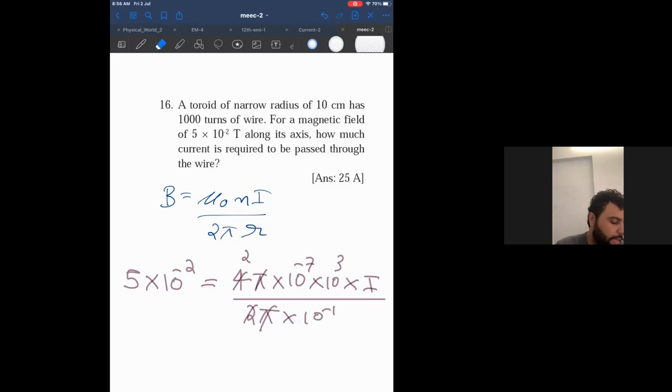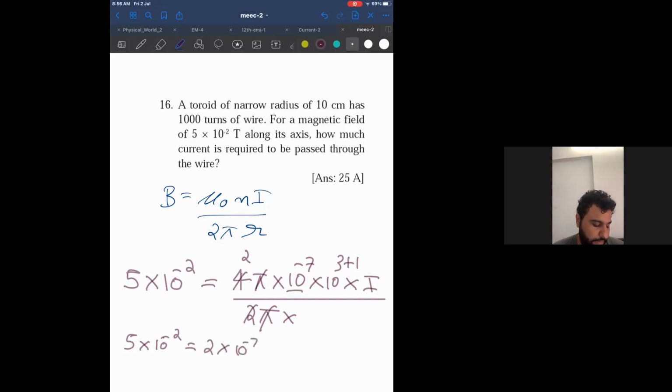Now 10 power minus 1, if I take it to the numerator, it will become 10 power plus 1. Therefore, my left hand side will remain as 5 into 10 power minus 2 is equal to 2 into 10 power minus 7 plus 3 plus 1 into I.